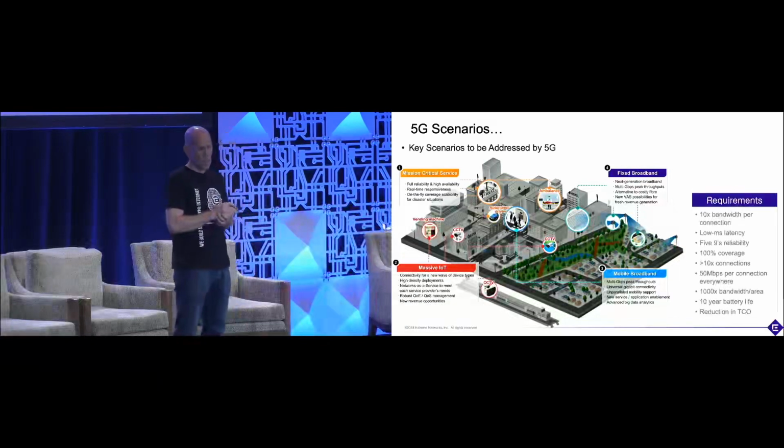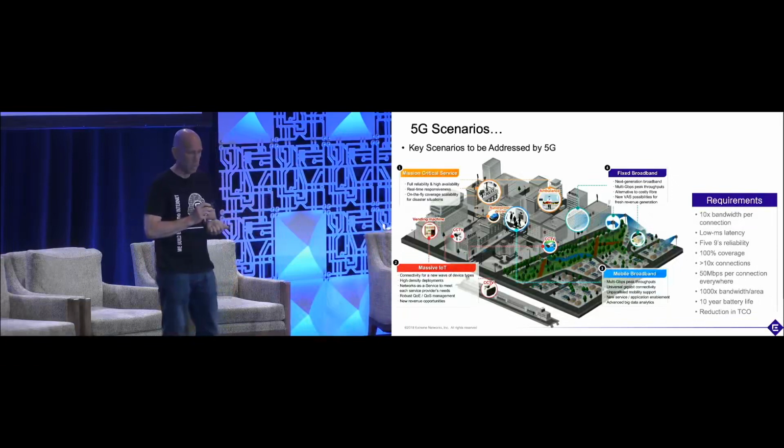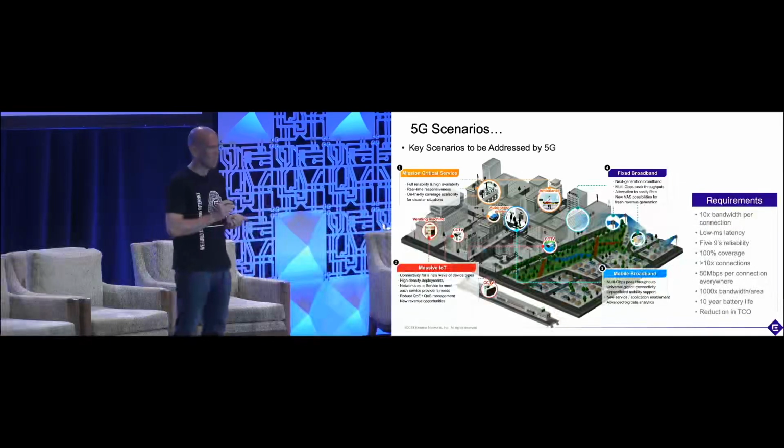Now, requirements. I've been mentioning these requirements a couple of times already, but as we can see, it's obvious. You need to have 100% coverage. You need to have low latency, and a huge increase in the bandwidth demand, with my example on the media side.